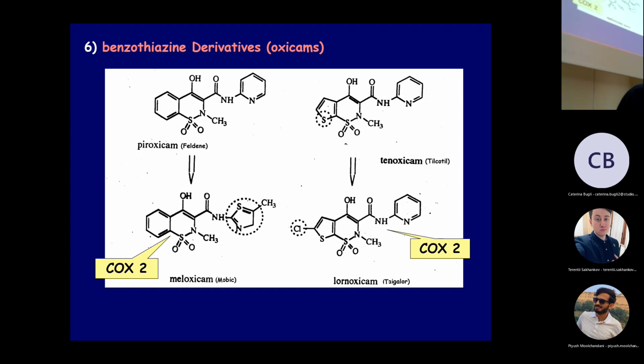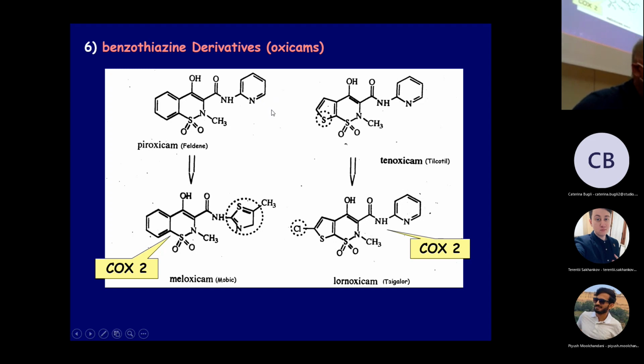What kind of modification can we perform? We try to enlarge the side chain. In particular, you see in the piroxicam there is a pyridine ring.